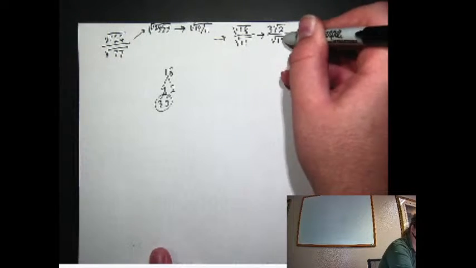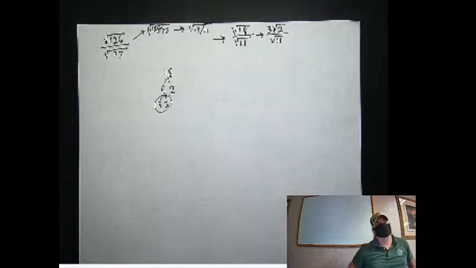And here comes that other problem. 11 does not simplify. It is already a prime number. That also means that it does not take a root very well. It gives an irrational number.